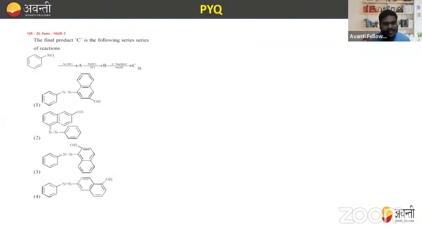Now, move to the next question. Identify the final product C in the following series of reactions. We know that nitrobenzene treated with Sn/HCl forms aniline, that is NH2. Now when this NH2 is treated with NaNO2 and HCl, the diazonium chloride forms.